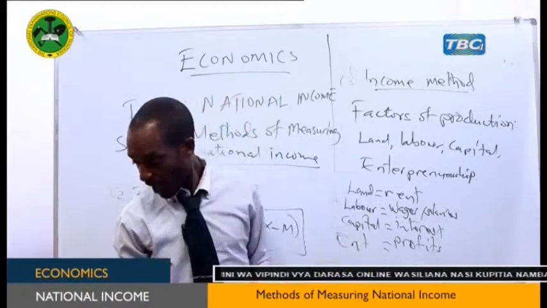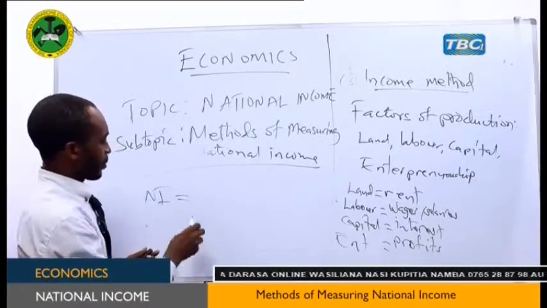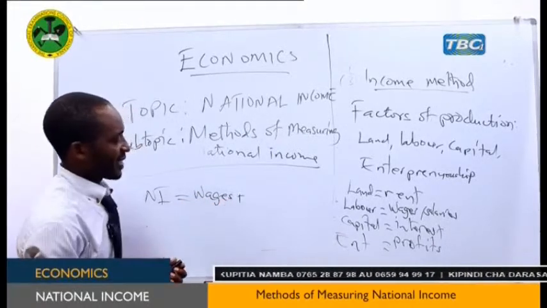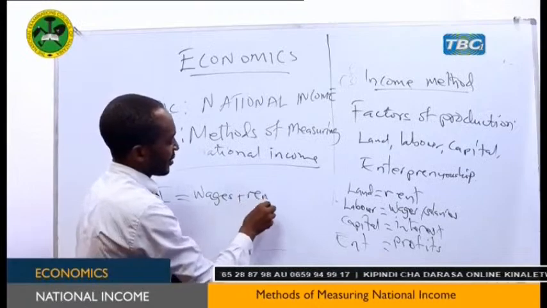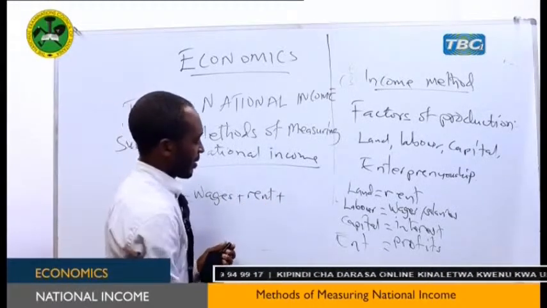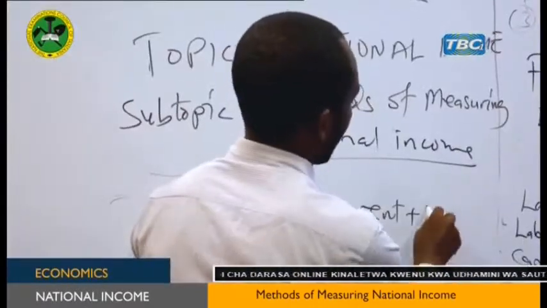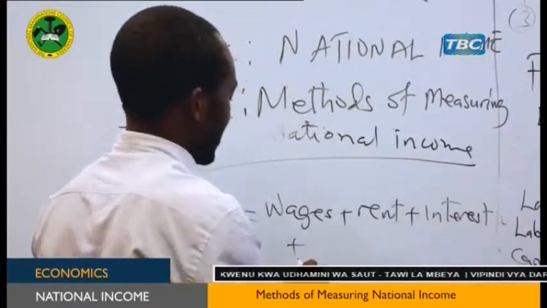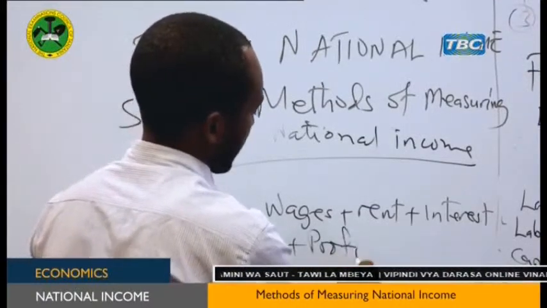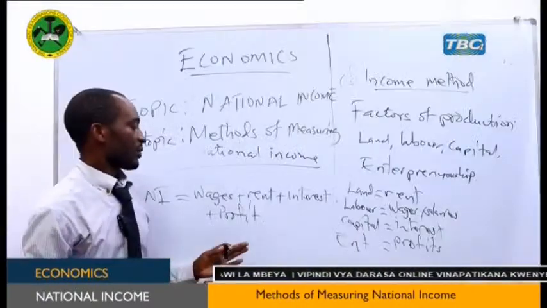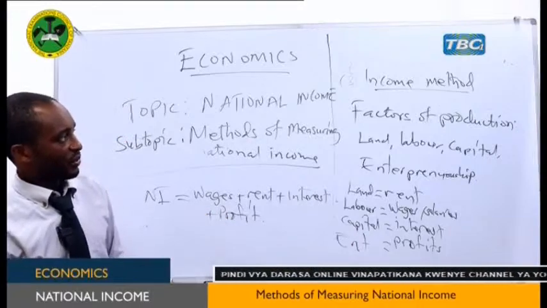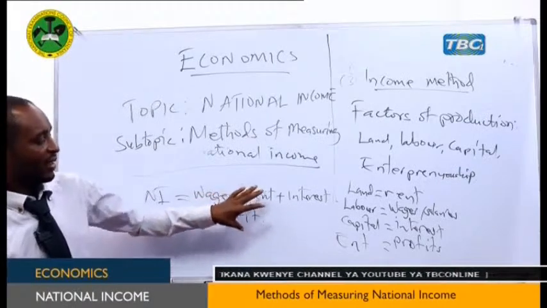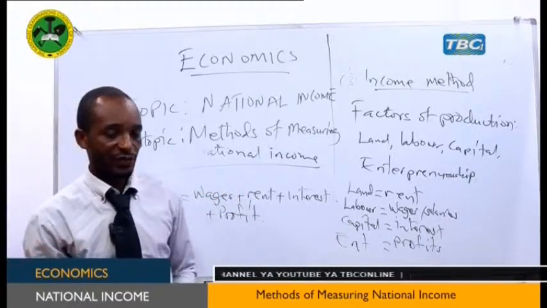So our formula will be equal to wages plus rent plus interest plus profit. So if you are asked to use the income method to calculate national income, you add all these incomes of the factors of production.